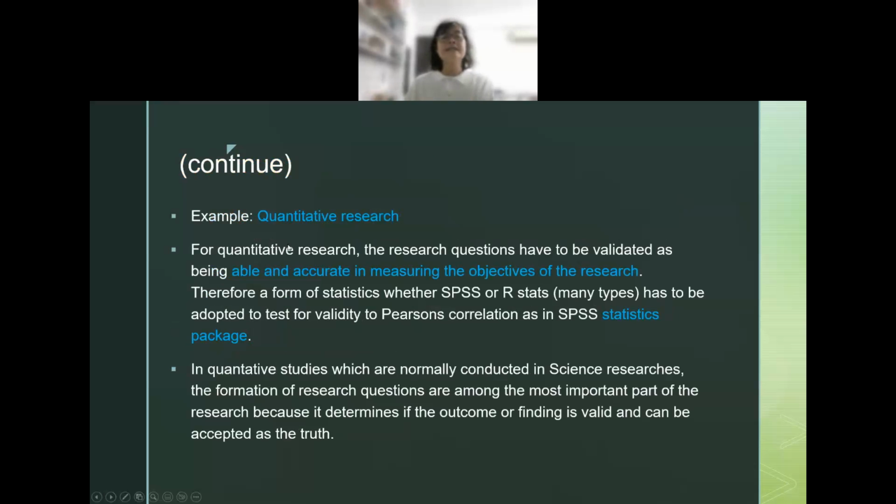For a quantitative study, all your research questions have to be validated. Meaning the research questions that generate the questionnaire, you have to find the Cronbach alpha. You may not know what that is, but if you're doing SPSS, you will know. Or R stats. There are many different statistics packages.